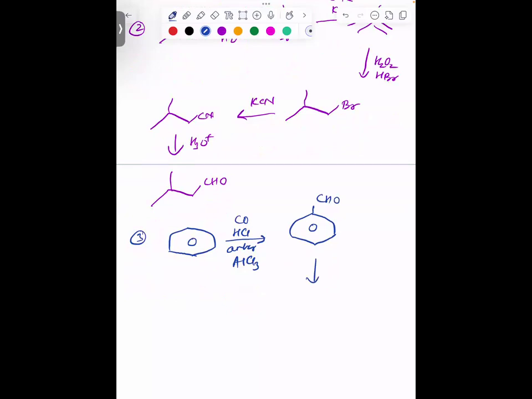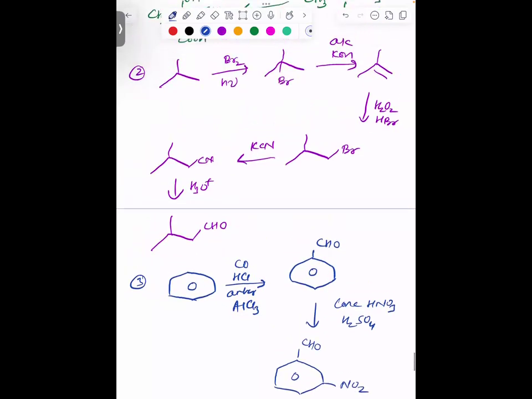Then this is meta directing, so concentrated HNO3 in the presence of H2SO4. So these are the reactions. Write down.